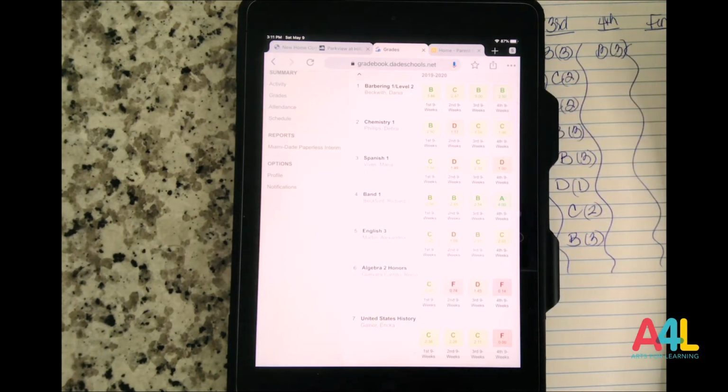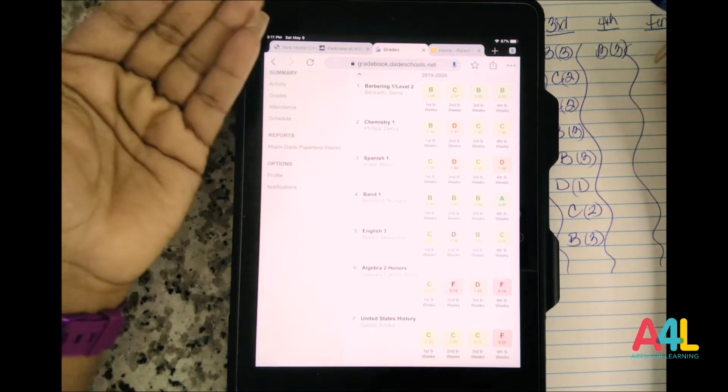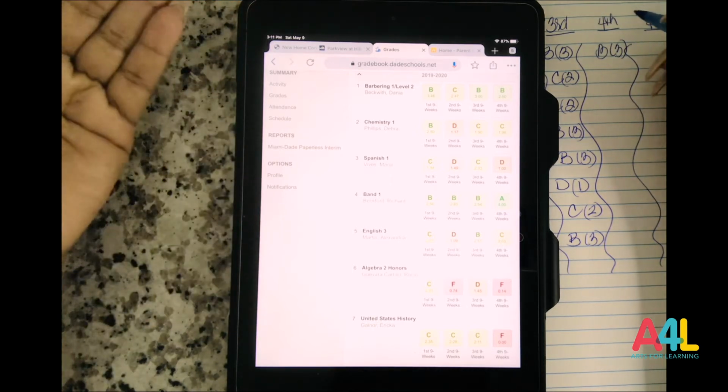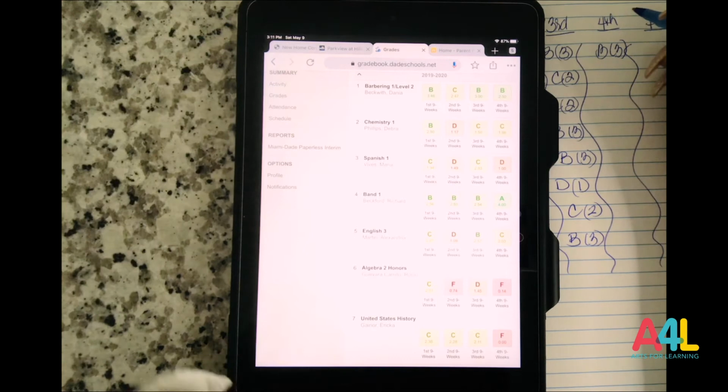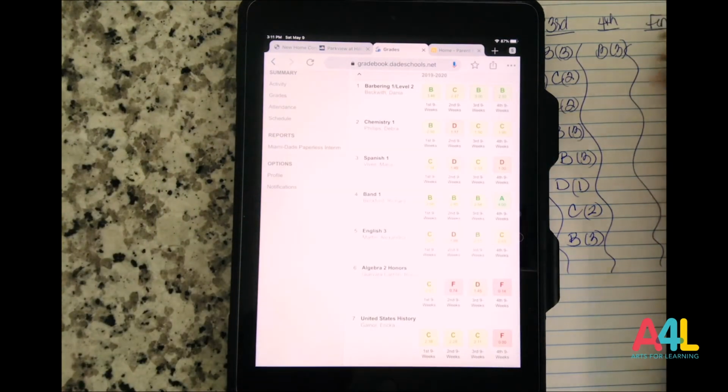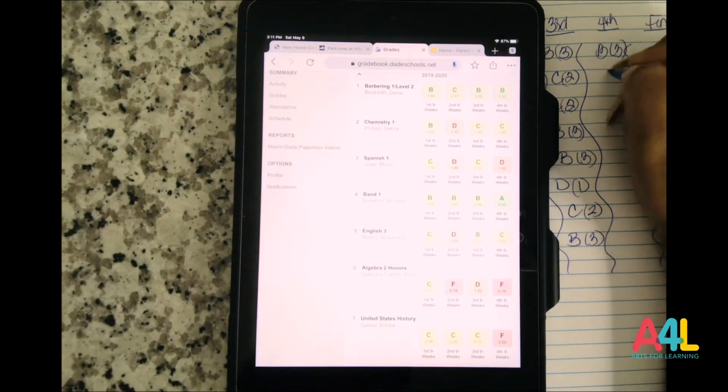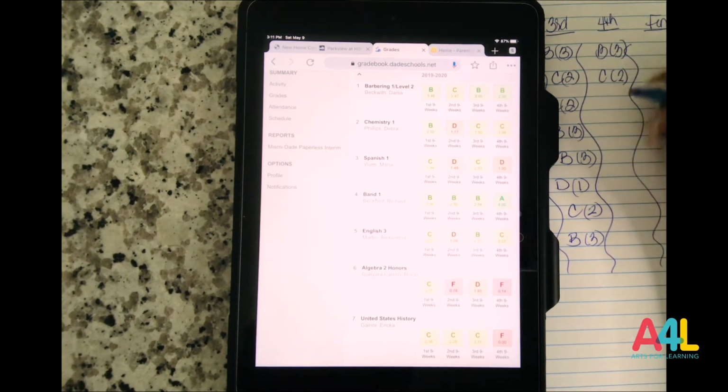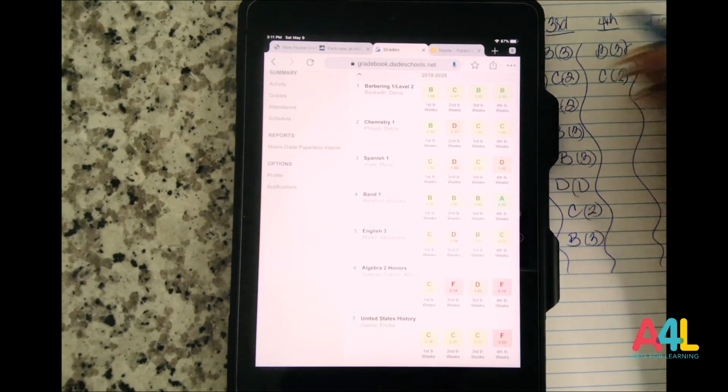So because I don't have the student right in front of me, I can't ask the student to tell me what they're going to work for. So I'm going to assume and project what most likely they're going to get, which is another C. So you're going to do the same thing for the fourth 9 weeks, but remember, put in what you know that you're going to work for in hopes of getting the grade that you want for the fourth 9 weeks.